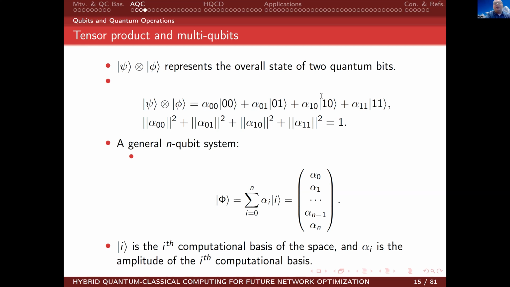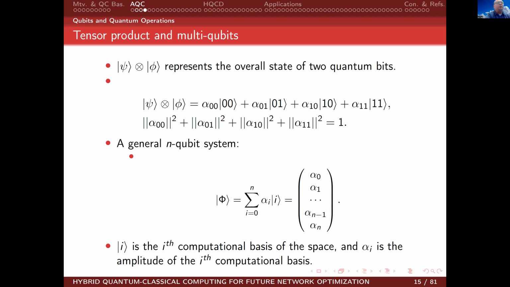So same as previously, the total of the probability should be 1 because in this system there are only 4 possibilities, right? So the square of alpha 00, the square of alpha 01, the square of alpha 10, and the square of alpha 11 sum to 1. That means the total probability equals 1.